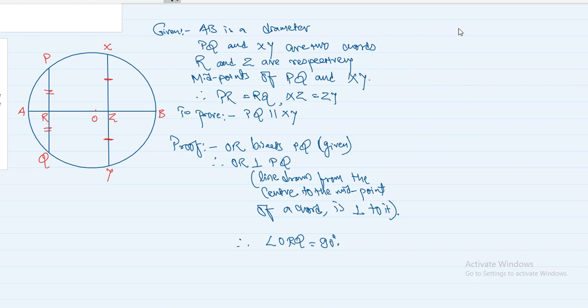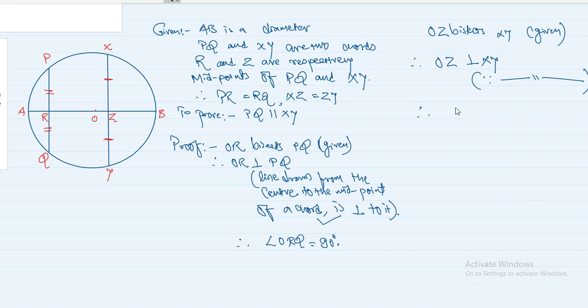Also, we can say that OZ bisects XY. It is given. So therefore we can say that OZ will be perpendicular to XY. What is the reason? Same reason which we gave earlier. Line drawn from the center to the midpoint of a chord is perpendicular to it.